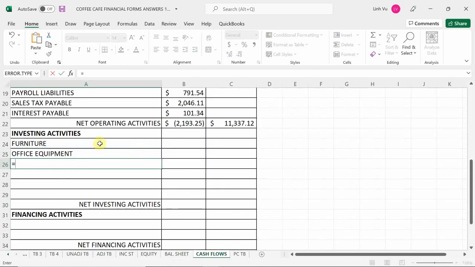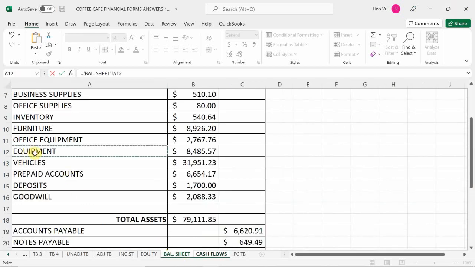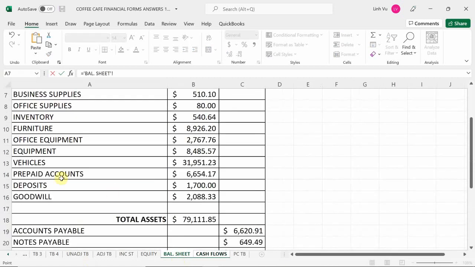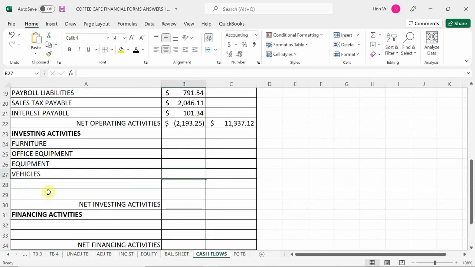We purchased some regular equipment. And we also purchased vehicles, right? We purchased a truck. Now, let's take a look at my balance sheet one more time.